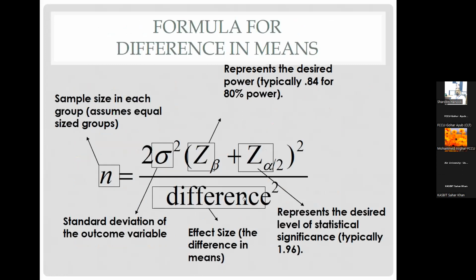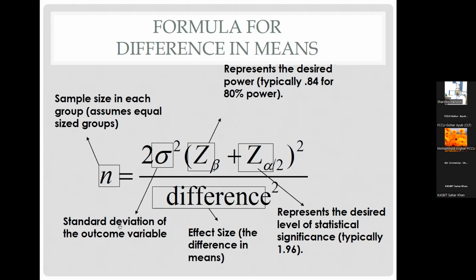Here, I'm talking about the sample size determination for a quantitative continuous variable, where I'm interested in looking at the difference in the means. When I'm looking at the difference in the mean, I want to calculate the sample size, which is denoted by small n, and 2 sigma square. Sigma square is the variance of the outcome variable, that is, how much variation you can have in the outcome variable.